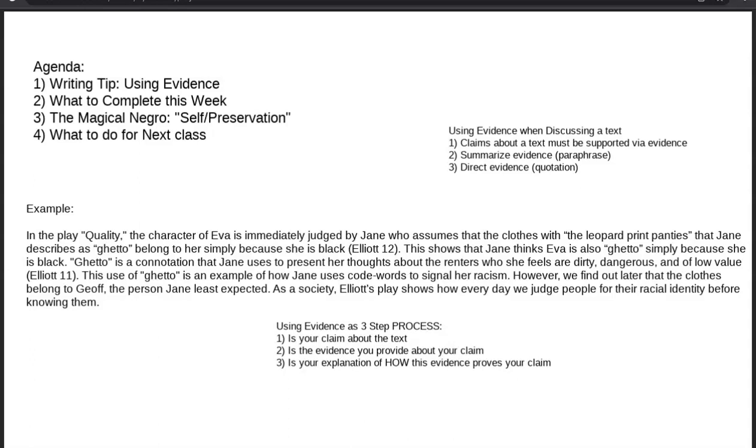Make the claim about what's going on in the text, provide evidence that relates to that, and then explain how that evidence supports your idea. Right? And this is a super important piece of writing that will help you moving forward, not only in this class, but in any class where you have to do some form of evidence-based writing, whether it be a research paper, a textual analysis, whatever it may be.